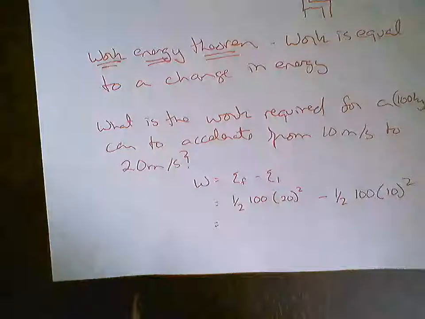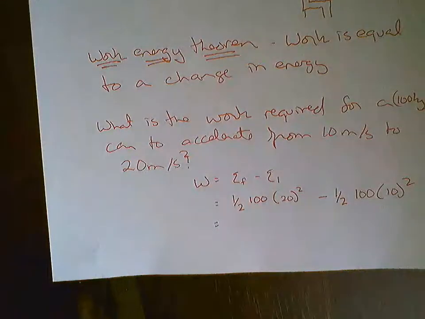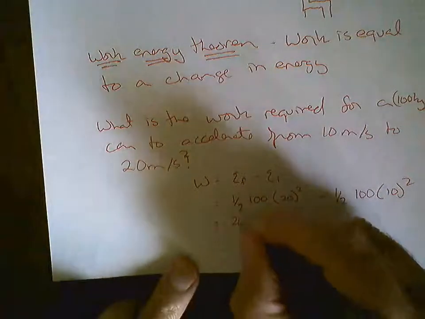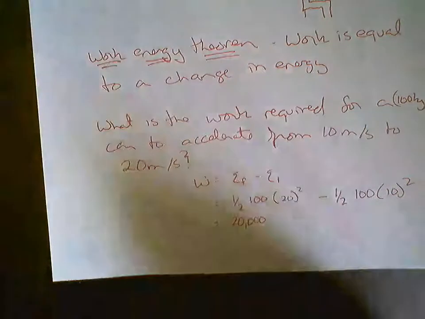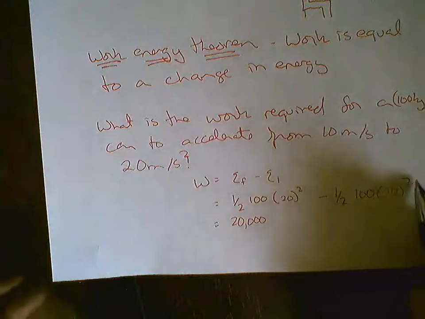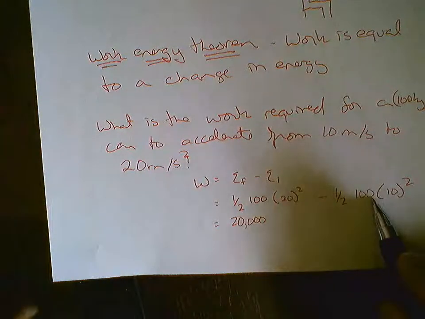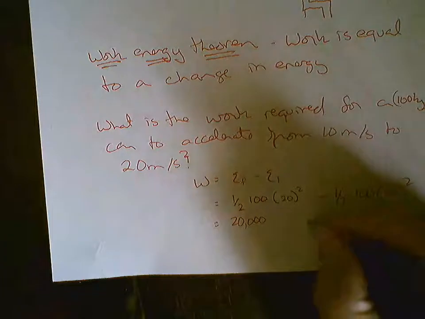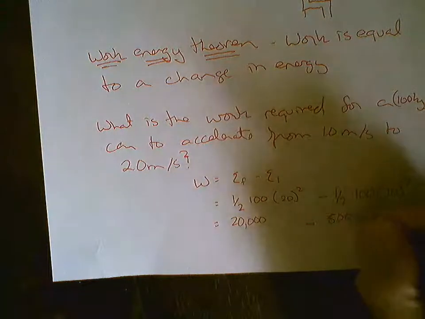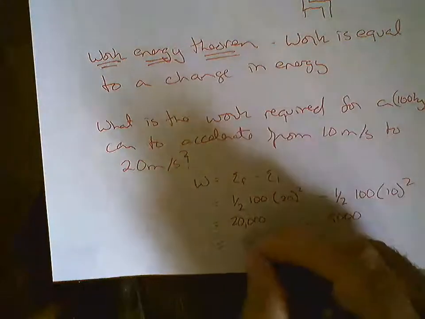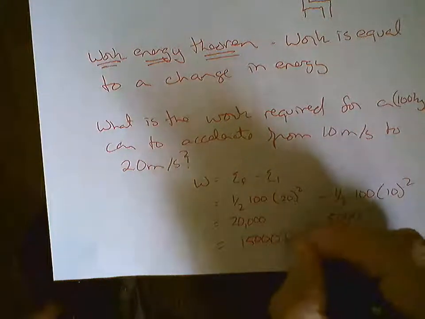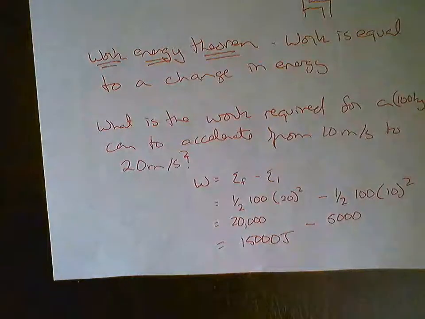So we would square 20 and multiply that by 100 and get 40,000, and we would multiply that by half and get 20,000. And here we would have 100 times 100 is 10,000 times a half is 5,000. So the work done is 15,000 joules.